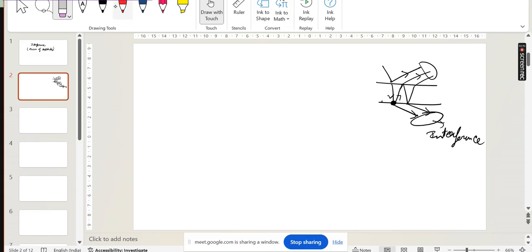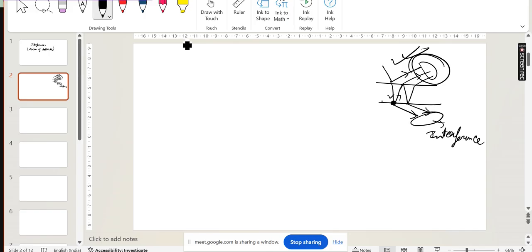Predominantly, we get the interference pattern fringes due to this set of beams, but we get both of them.